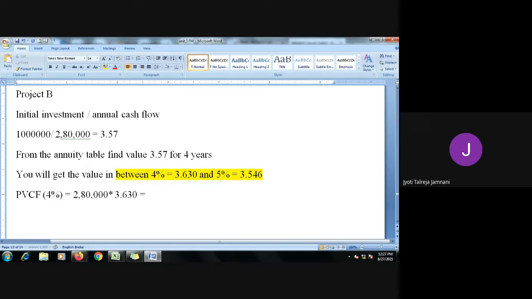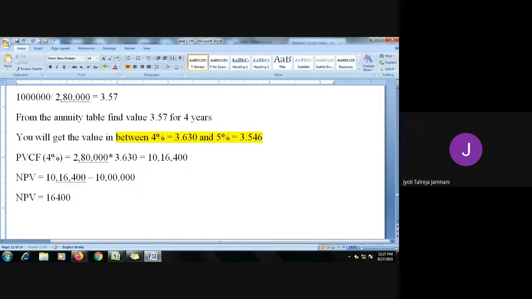So if we solve for this, we will get the value 10,16,400. Now we can find the NPV. So NPV is equal to 10,16,400 minus the initial investment, which is 10 lakh. So you get an NPV of 16,400, which is positive at 4%.